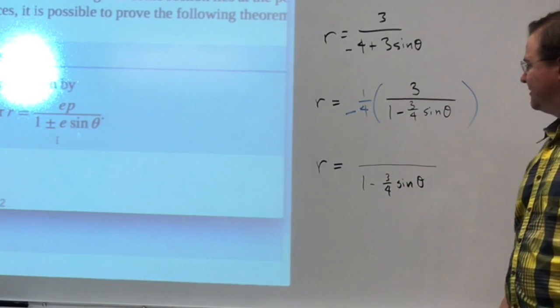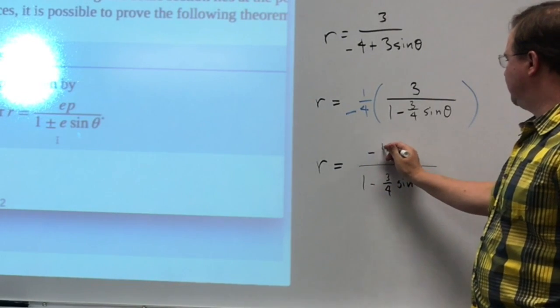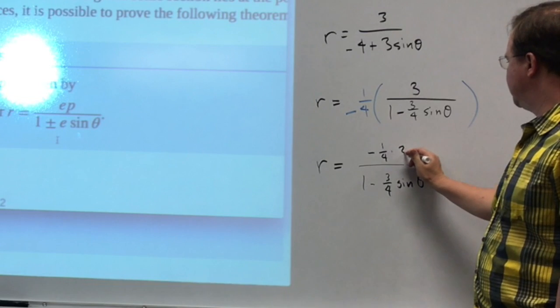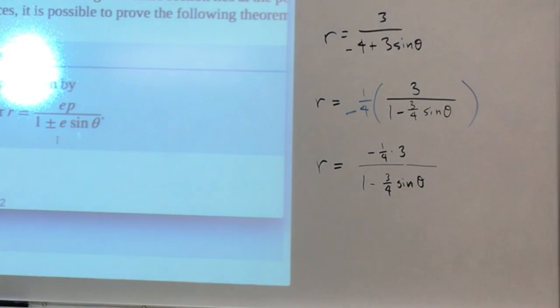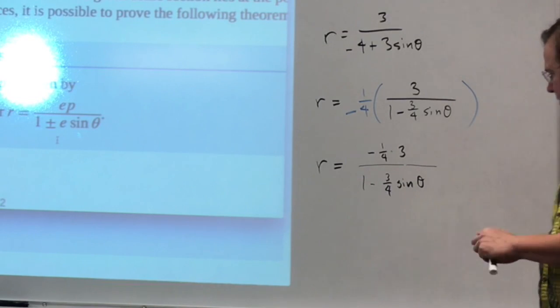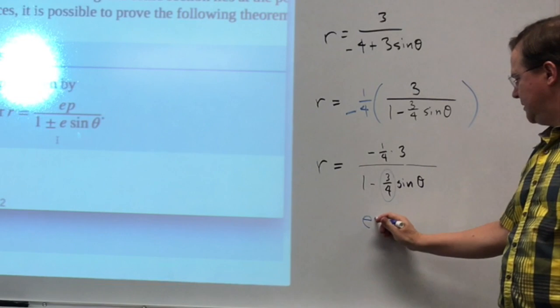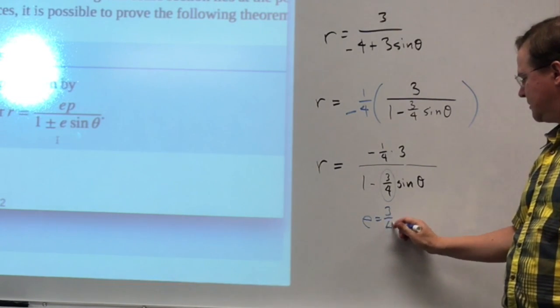But to get the 3 down, I'll just write this as -1/4 times 3 on top. Based on what I see right here, E is 3/4.